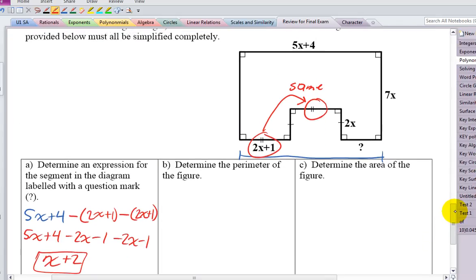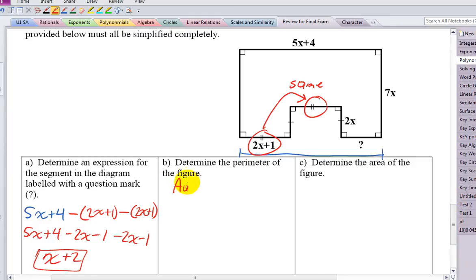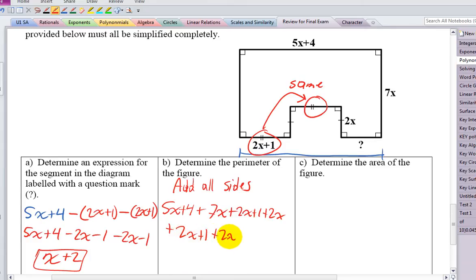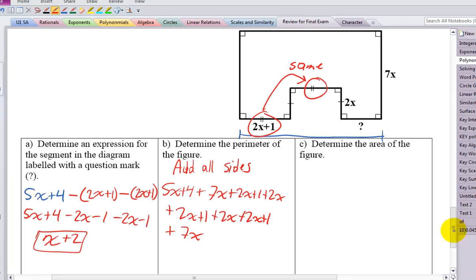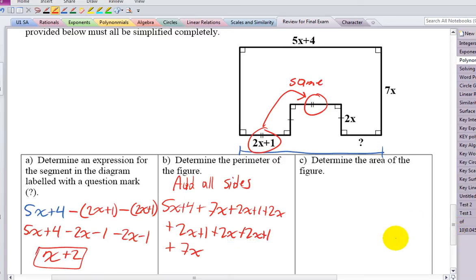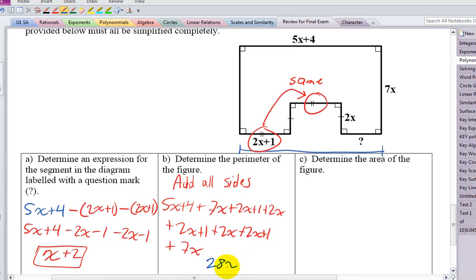Go ahead, add up all the sides. Twenty-eight x plus 8.